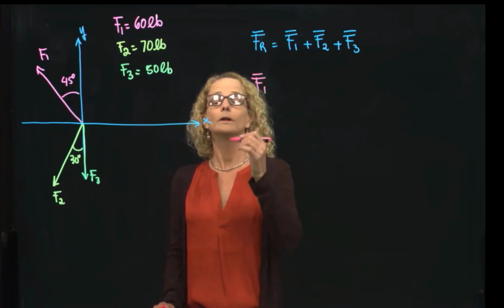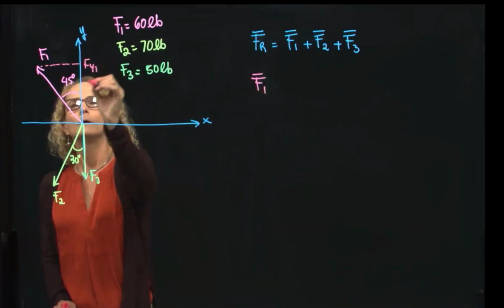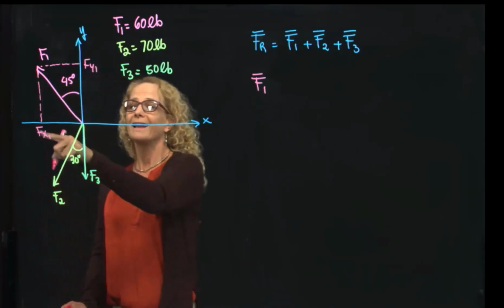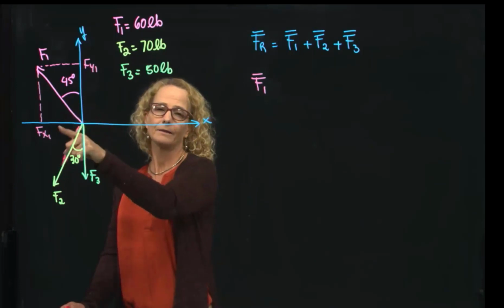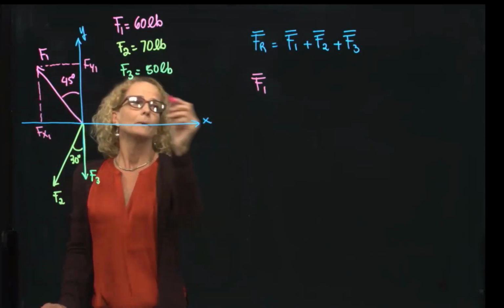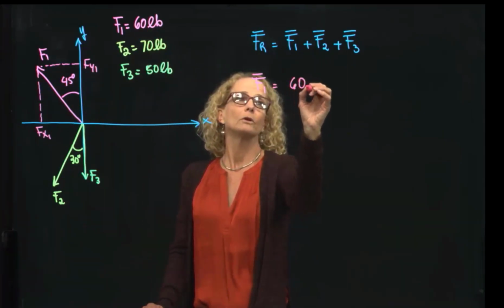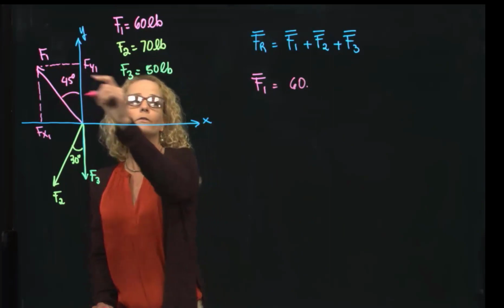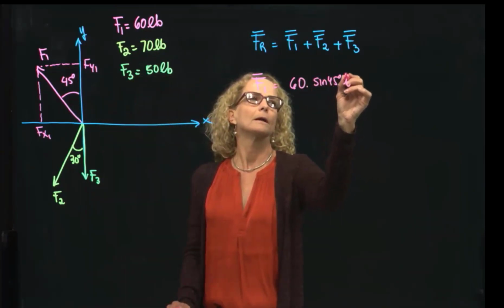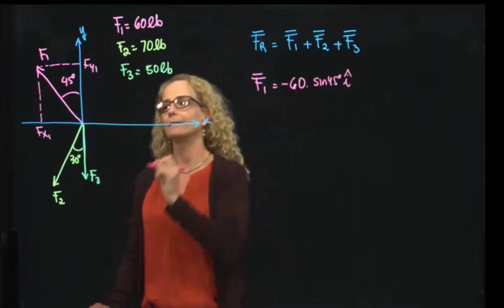F1 as a vector will have a y component and an x component. As you see, the x component is in the negative side of x, so it's a negative value. And it will be the value of the magnitude times sine of 45 in i. This is the x component, and we say that it's negative.